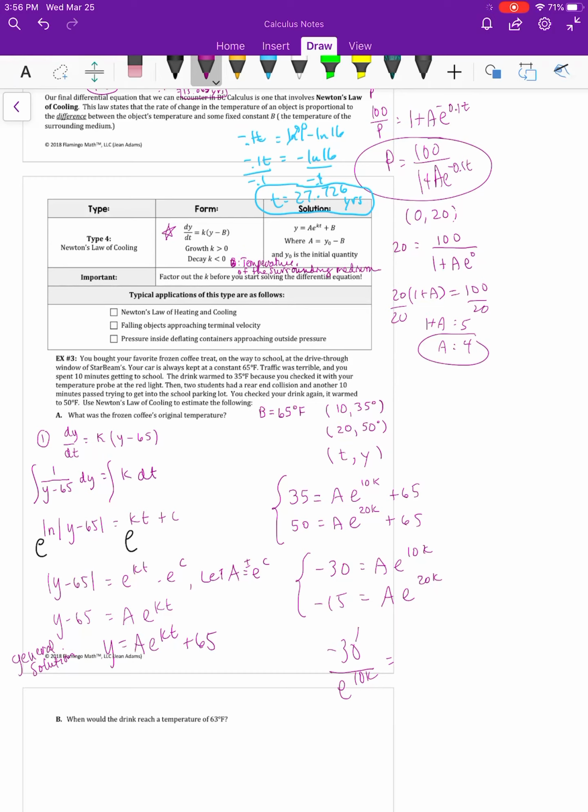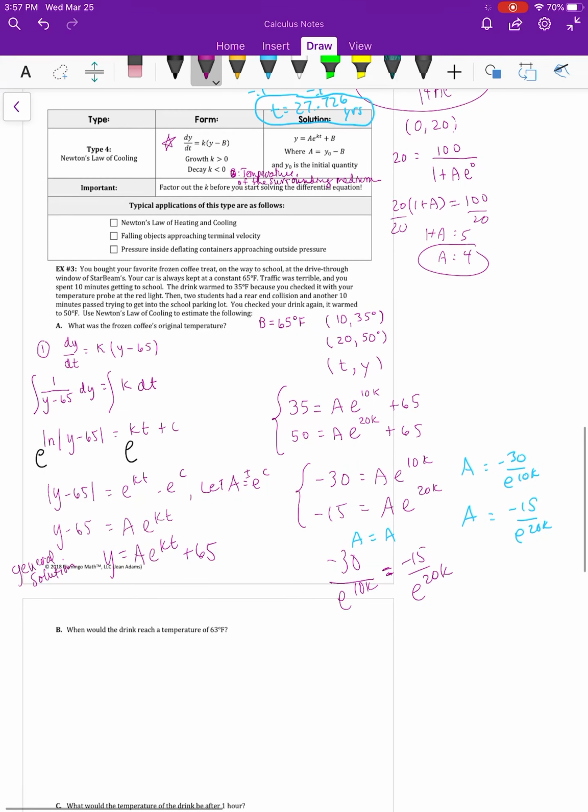I just divided by e to the 10k on the first one. And basically, I'm just saying a equals a right here, right? This a is equal to this a. And then I divided by e to the 20k. Sorry about that. But basically, that's what I was saying here. Because I solved for a, I divided by e to the 10k. And then I solved for a here, I divided by e to the 20k, and then I said, oh, well, these are the same a equals a.